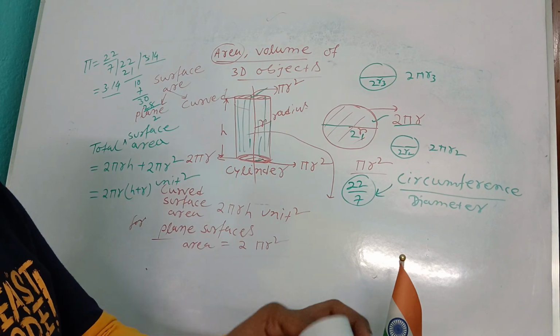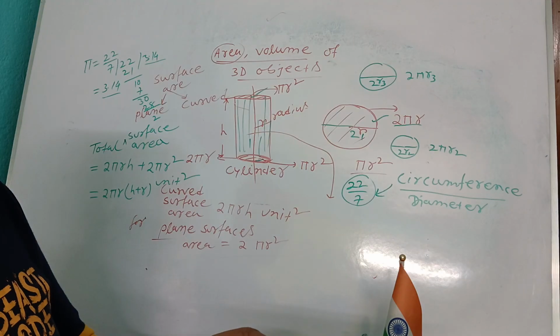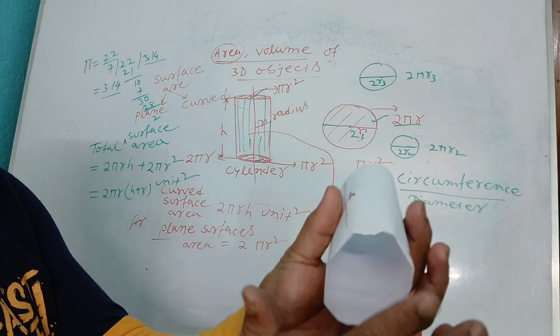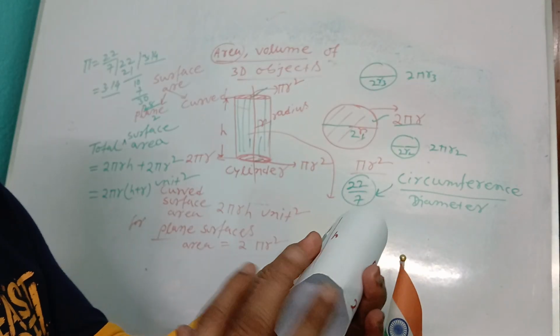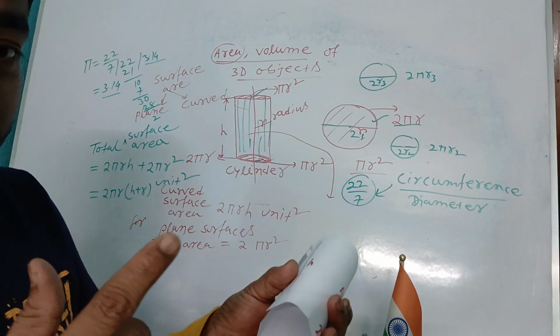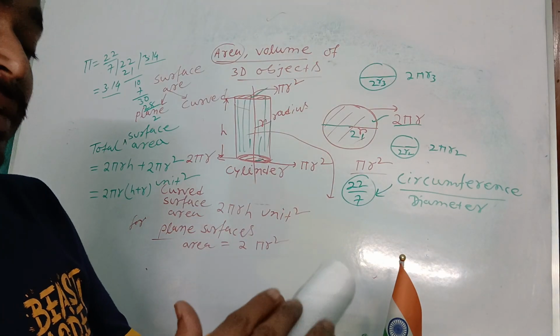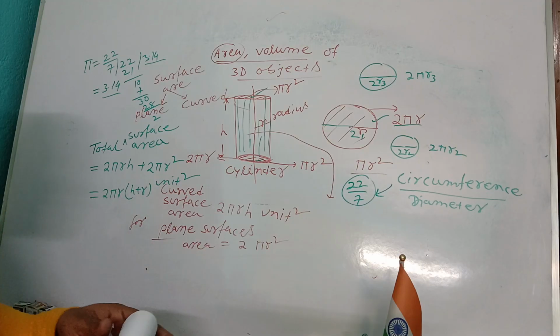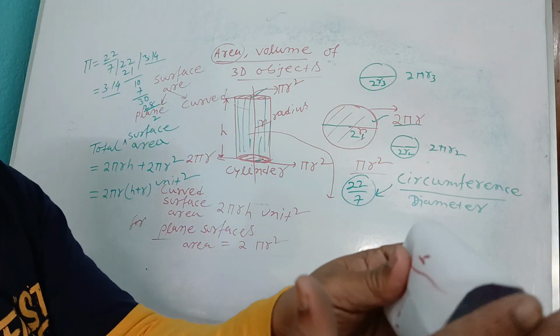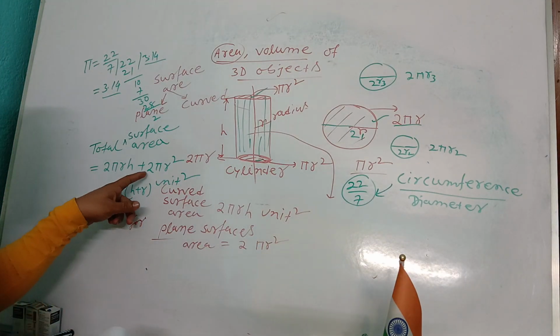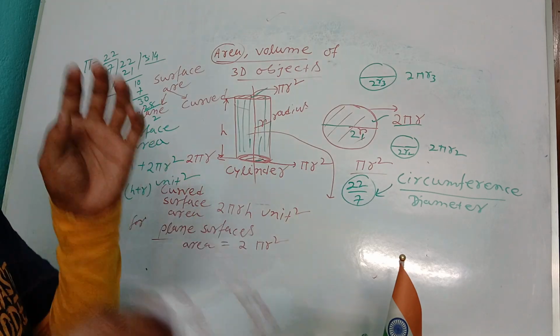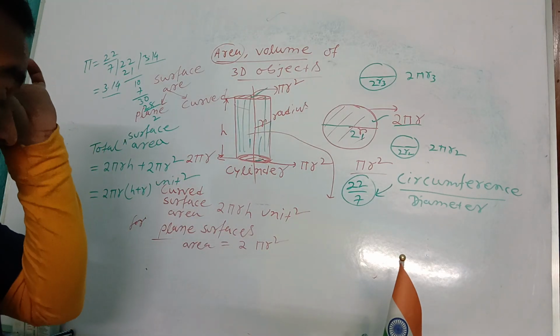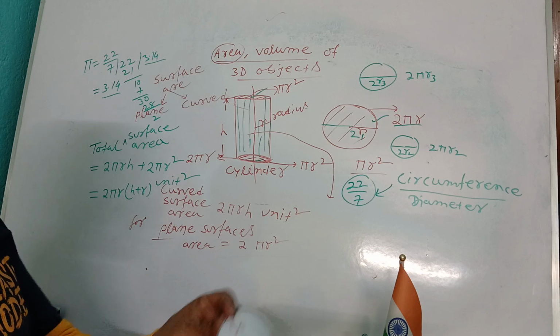So one lid is present, another one is missing, so we have to consider only one surface. That time, can you tell me what the total surface area is? Curved surface area, 2 pi RH, plus one plane surface, so consider pi r square. Don't write 2 pi r square. And just simple calculation, we can calculate it.